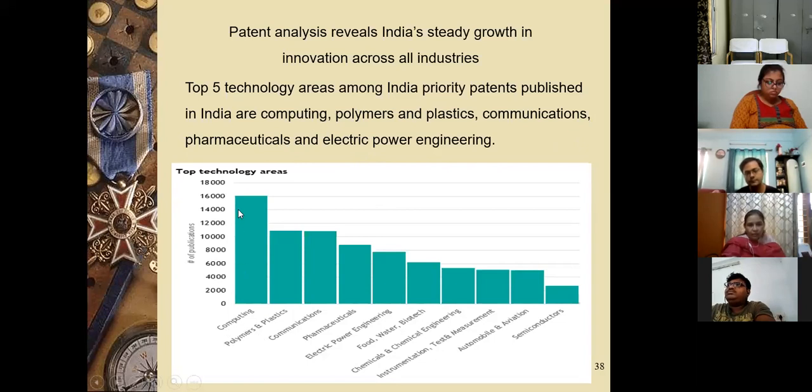Here you can see the bar graph for computing. So the top technology areas are computing, then polymers, then communication, pharmaceuticals, electric process engineering, food, water and biotechnology, chemicals, and the last one is semiconductors. These are the various industries filing for patents, and these are the top 5 technologies.